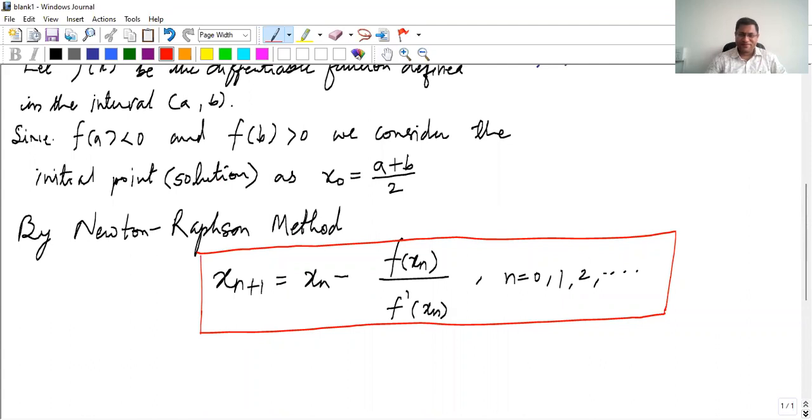Sir, if suppose the initial point itself is the actual solution, then the denominator will become 0. So this formula won't be applicable, right? So we got the actual root, no? Yes, sir. So we won't need the formula then.